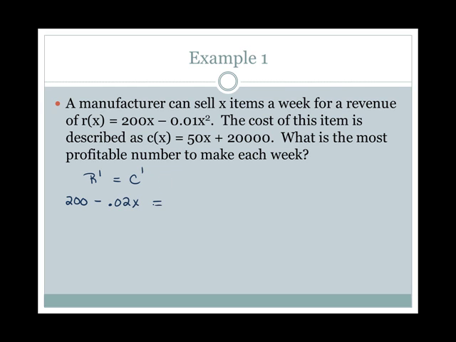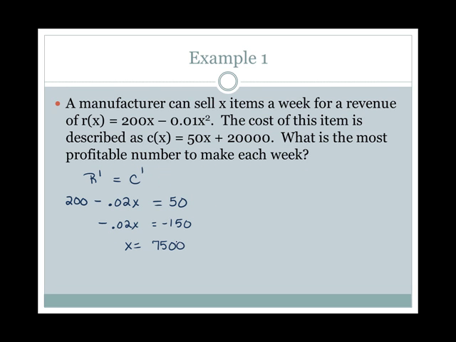We're going to take the derivative of our cost, which is 50. Now take a second and solve that for x. So negative 0.02x equals negative 150, and so x equals 7,500.